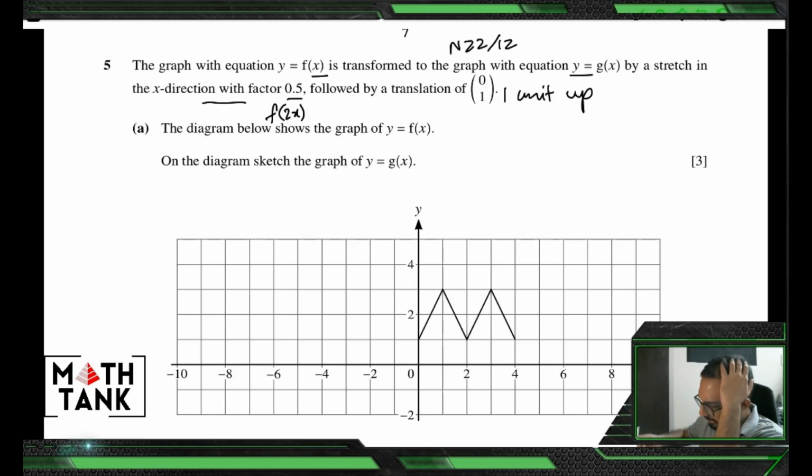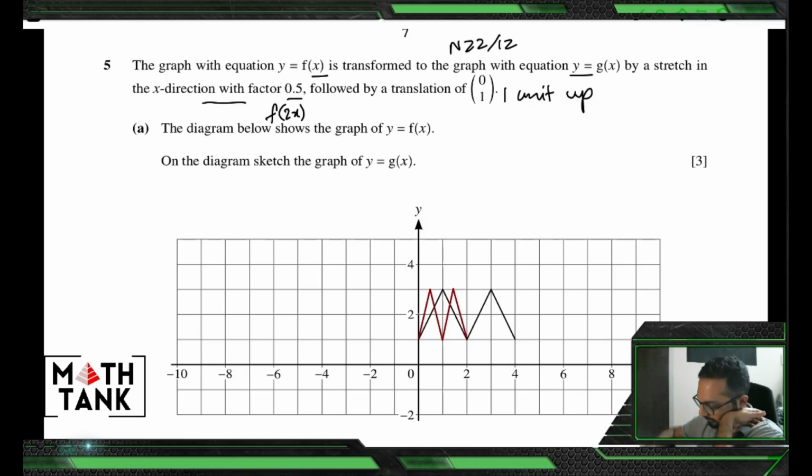This question says to sketch the graph, so what I'm going to do is shrink it and then translate it 1 unit up. So first I'm just drawing the shrink for you. That's what it's going to look like, and then I'm going to translate it 1 unit up.